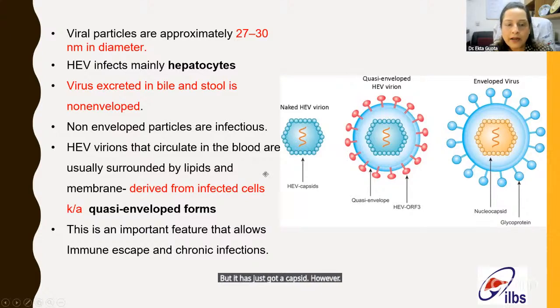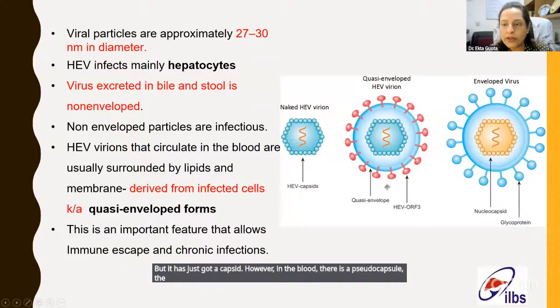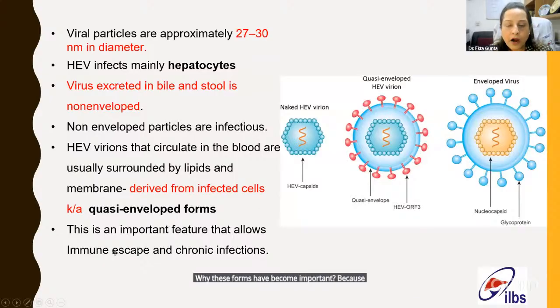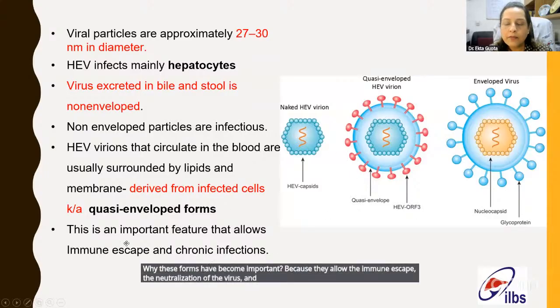However, in the blood, there is a pseudo capsule. Lipids are surrounding it, and these are known as the quasi-enveloped form of HEV. Why have these forms become important? Because they allow immune escape, escape from neutralization of the virus, and they are the ones responsible for causing more lifelong and chronic infection.